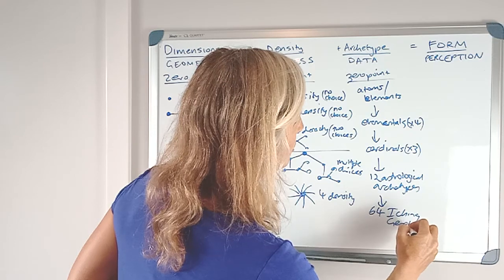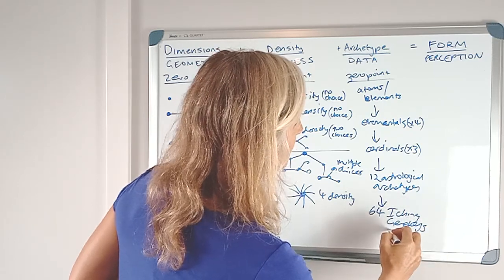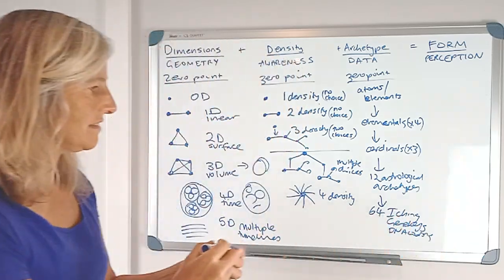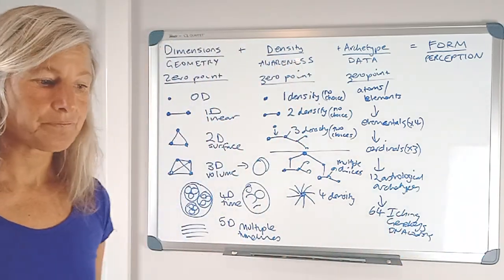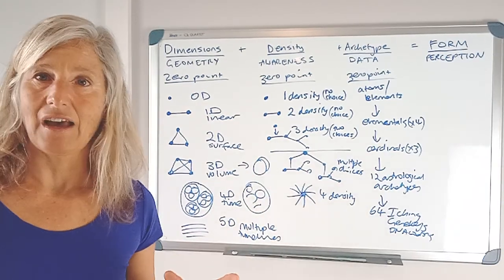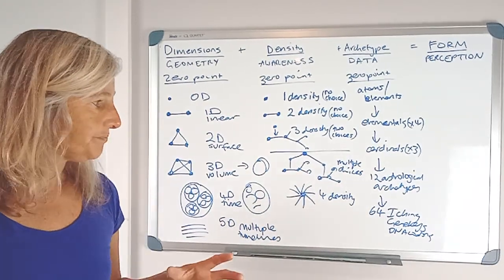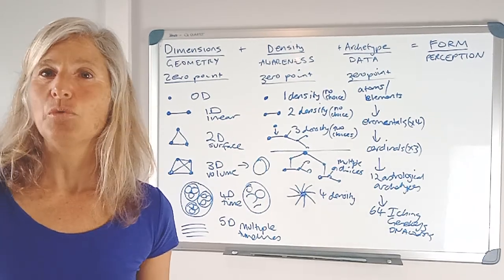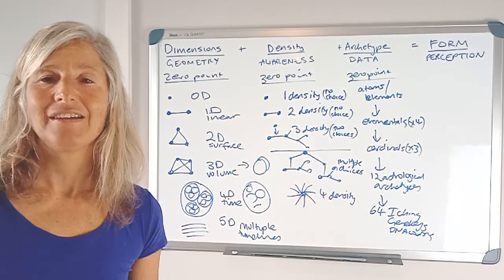Also, you'll see them in the gene keys, and you'll also see them as our DNA codons. This number 64 as an archetype seems really important, and it provides a further breakdown of these basic archetypes into more subtle forms, so that we can evolve in more and more complex ways.